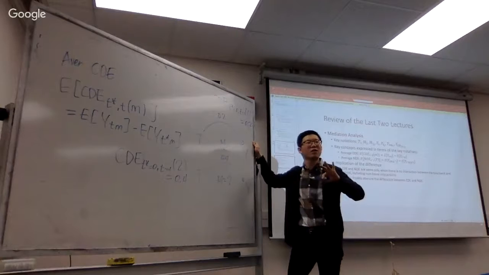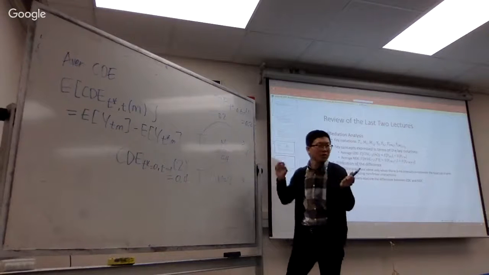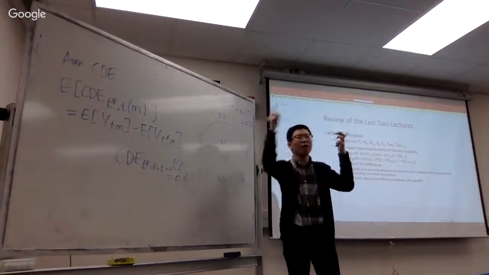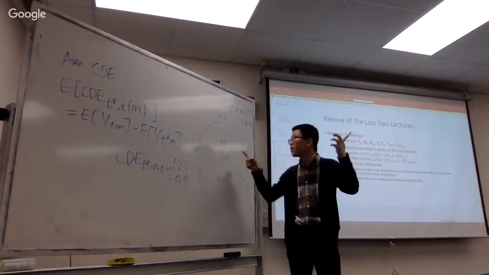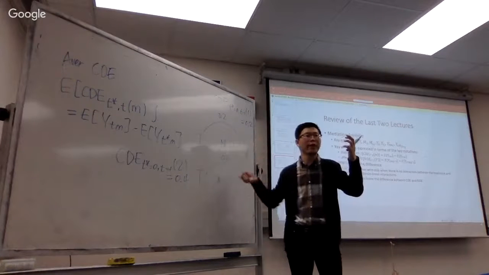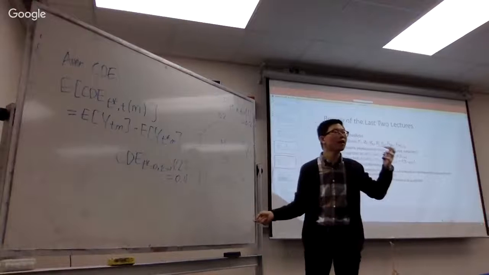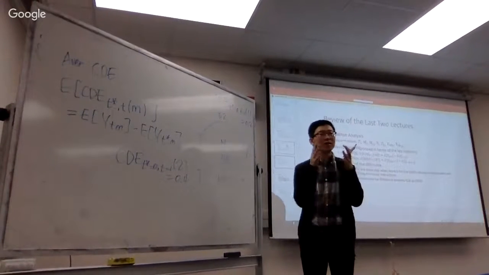When there is an interaction between T and M. Right? So the interaction between T and M means that the effect of T on Y can vary depending on the level of M, right? Does that make sense? That's what the interaction is about.